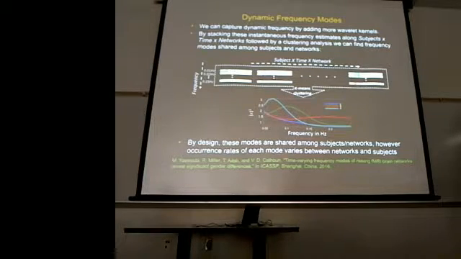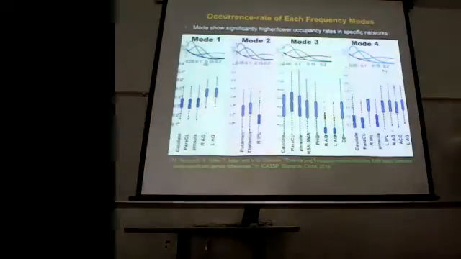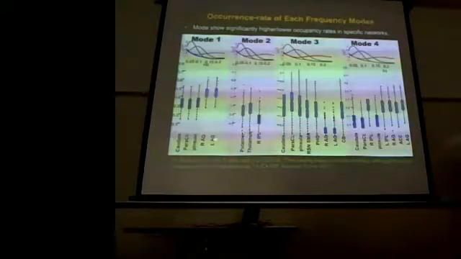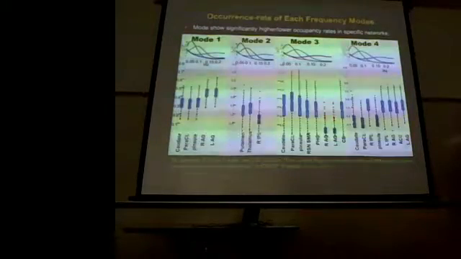And there was evidence in this work that there are 4 different frequency bands within BOLD fMRI. So fMRI data is pretty low frequency, pretty sluggish. So you might not think there's a lot in there, but there actually is pretty strong evidence of an ultra low band, one that's right in the middle of the BOLD frequency, more of a broad band, and then a really low one here. And the really interesting thing about this approach is that each of these modes was associated with different regions, different components were coming out.